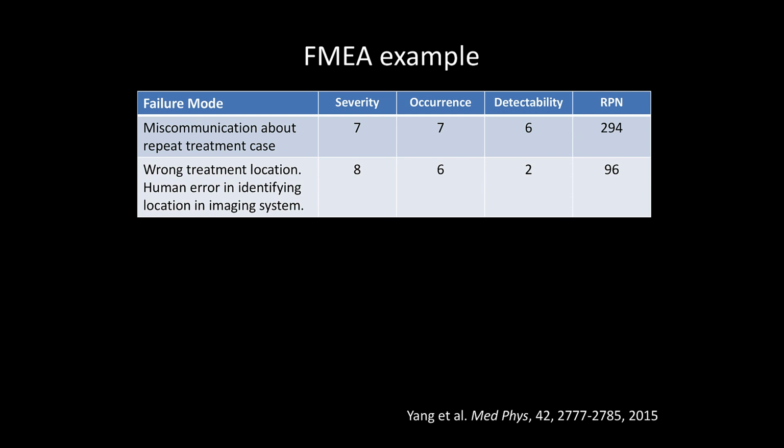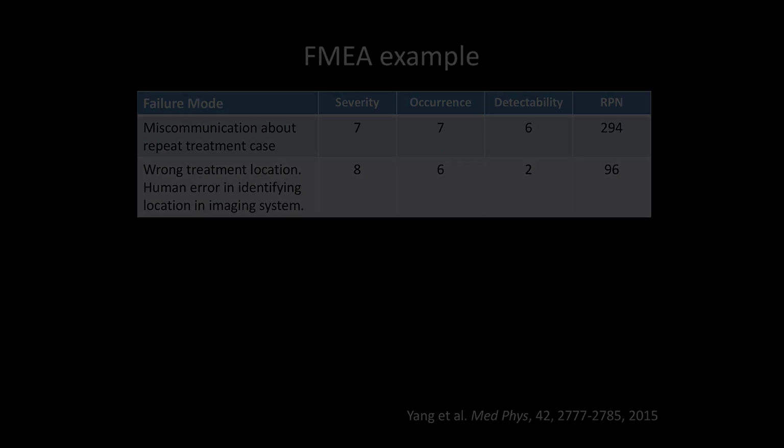Again, pretty severe because of a potential mistreatment. It occurs relatively often, but it's very detectable, with a score of 2. So the overall risk score is lower. After doing an exercise like this, you might focus first on the first failure mode because that's the one that has a higher risk score, and try to address that one.